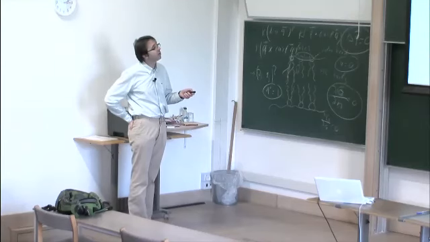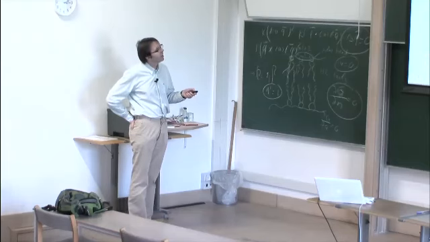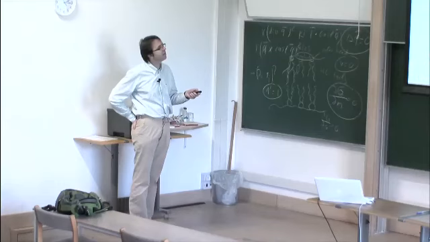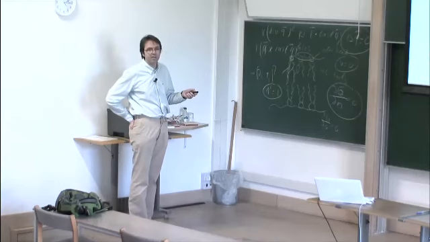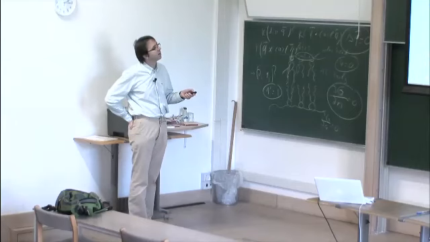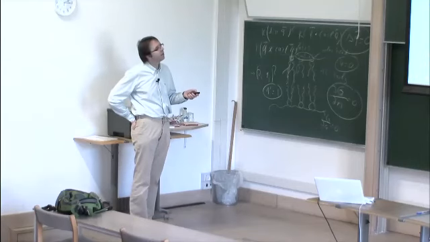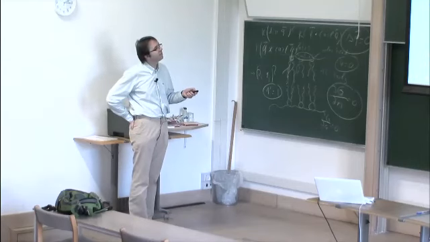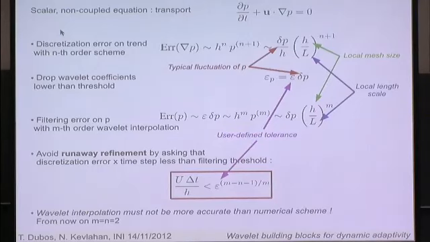So that's my local error indicator. And if I have decided on this threshold, I will refine until h is sufficiently small that this is on the order of that. Okay, so by choosing this epsilon, I'm actually deciding h here.